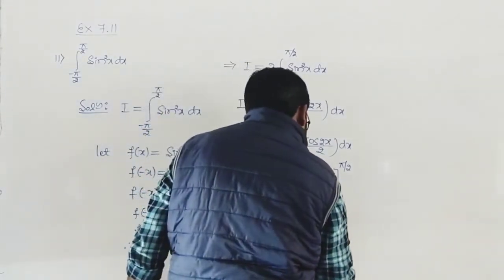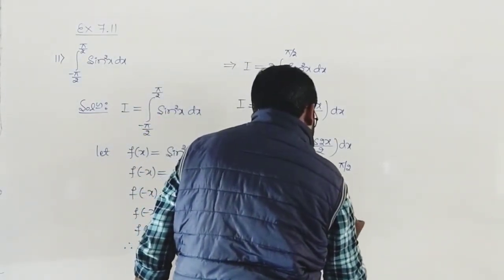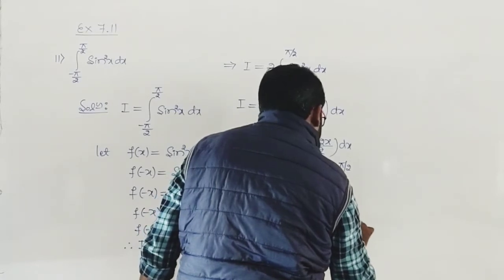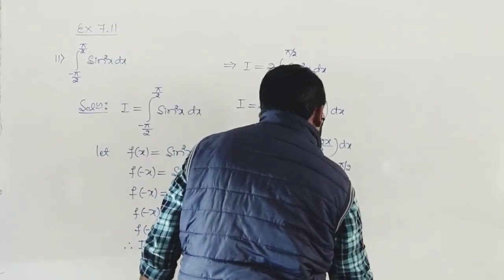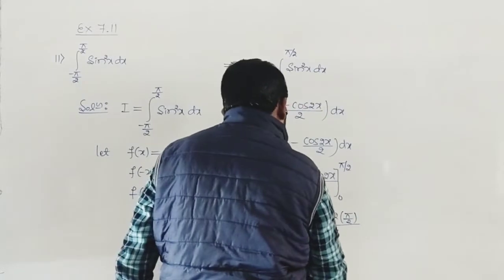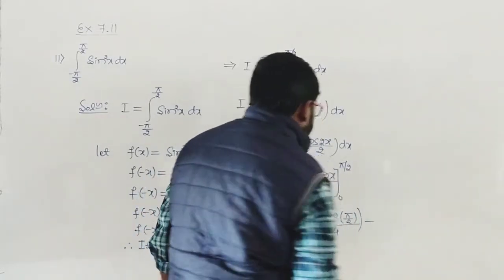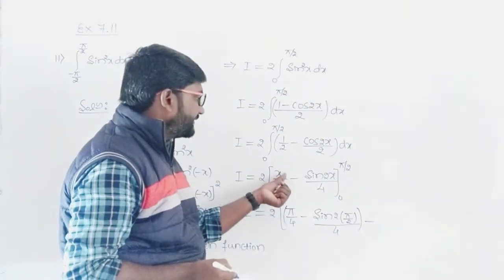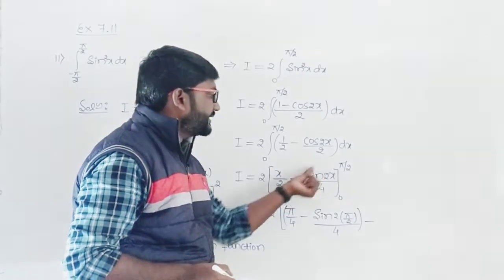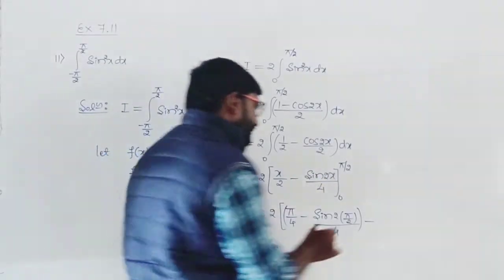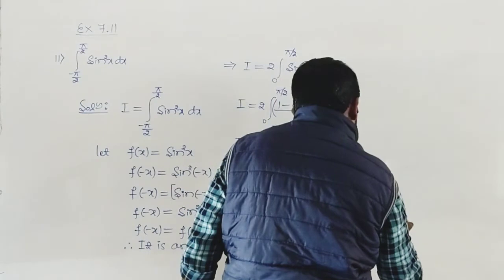So sin 2 pi by 2, then whole divided by 4. This is upper limit minus the lower limit. In place of x, you write 0. 0 minus 0. Sin 0, it is 0. Overall, this term will be 0.